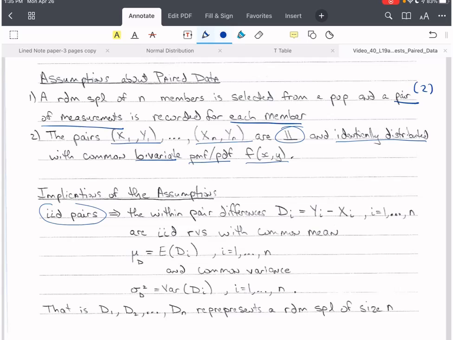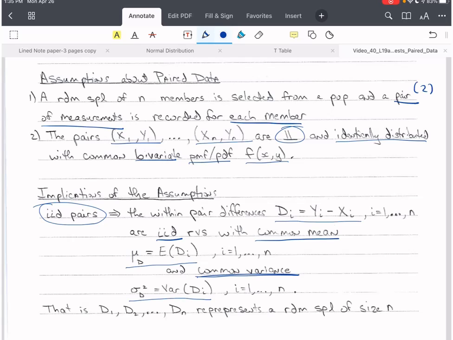We have these IID pairs, which implies the within pair differences d sub i equals y sub i minus x sub i, i equals 1 to n, are IID random variables with a common mean. This common mean is mu sub d, or it is the expected value of the d sub i's. And they have a common variance. Okay? So sigma sub d squared is equal to the variance of d sub i.